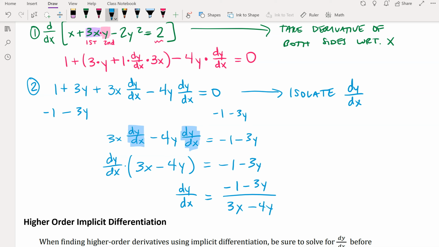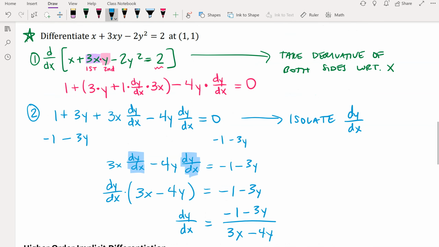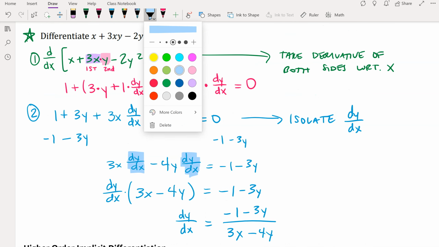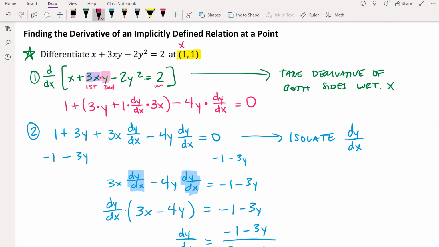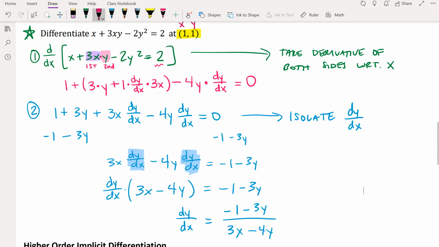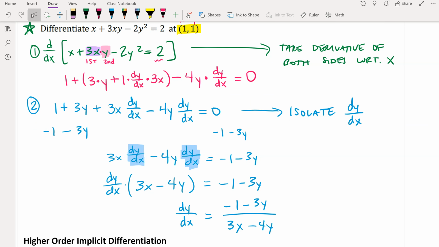Now that we have that, the final step is to plug in your point if you have one. So really quick, we have to notice we do have a point. We have (1, 1). And let's make sure we remember that means x equals 1 and y equals 1. So the last thing we're going to do is plug that point in. So dy/dx at the point (1, 1) equals, I'm going to plug 1 in for x and 1 in for y.